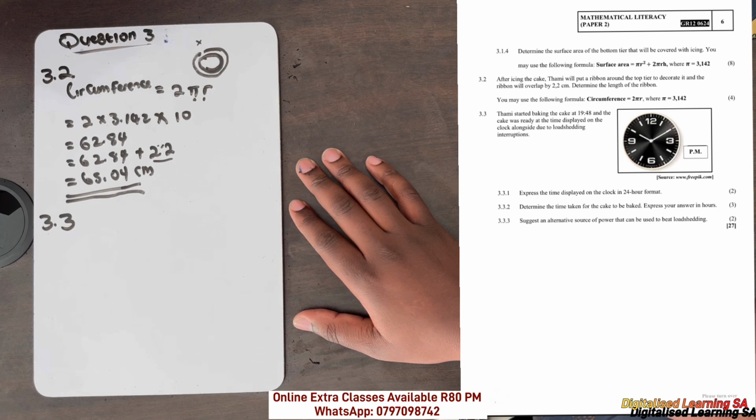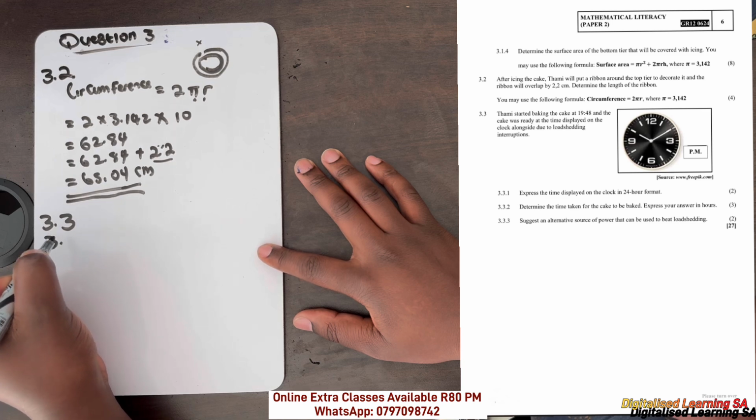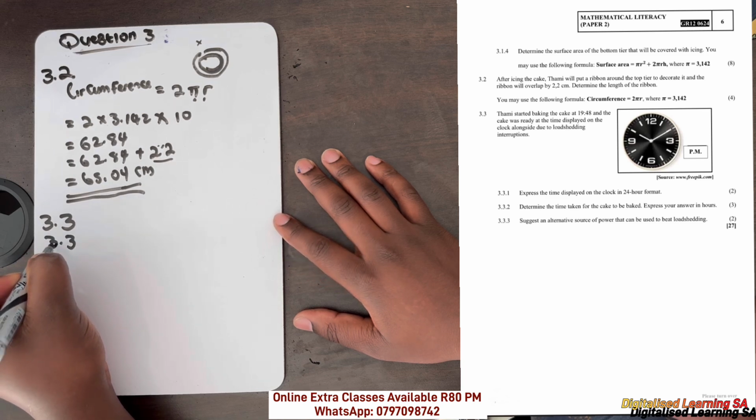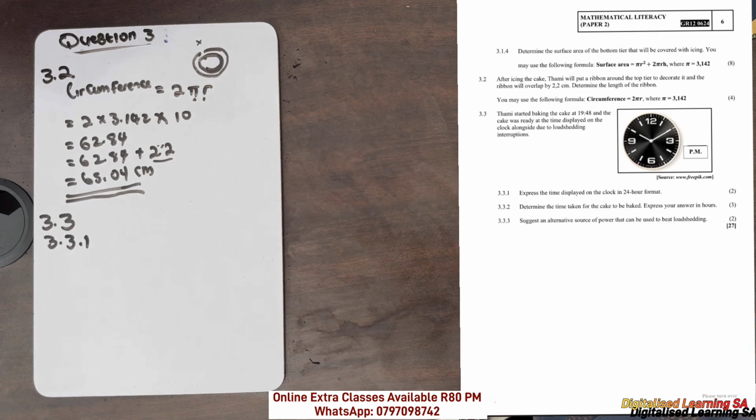Before we get to that, we are going to start with our first question, which is question 3.3.1. It says, express the time displayed on the clock in 24-hour format.